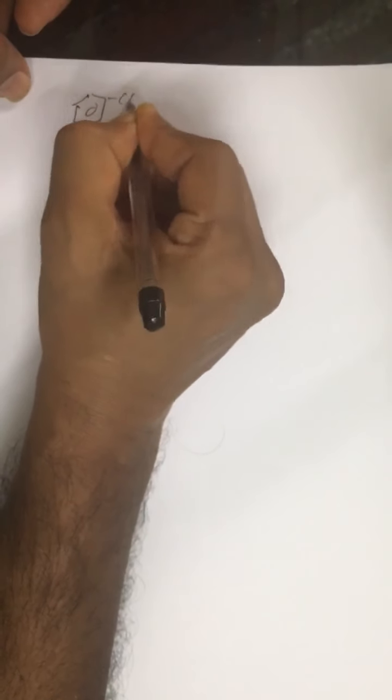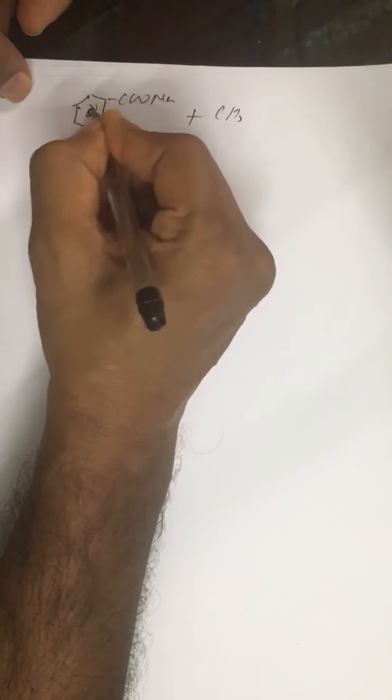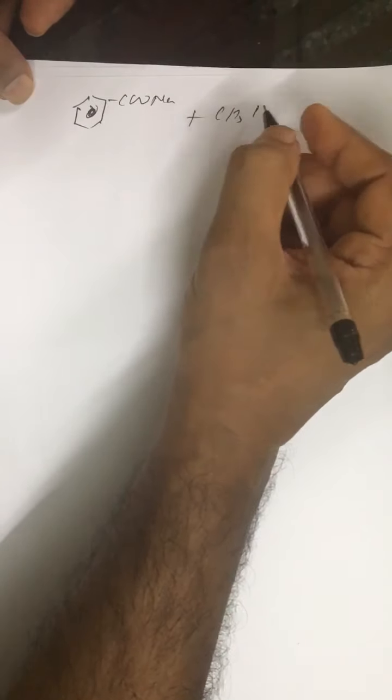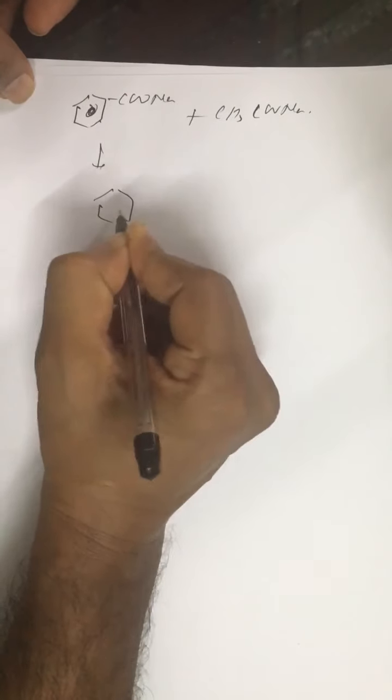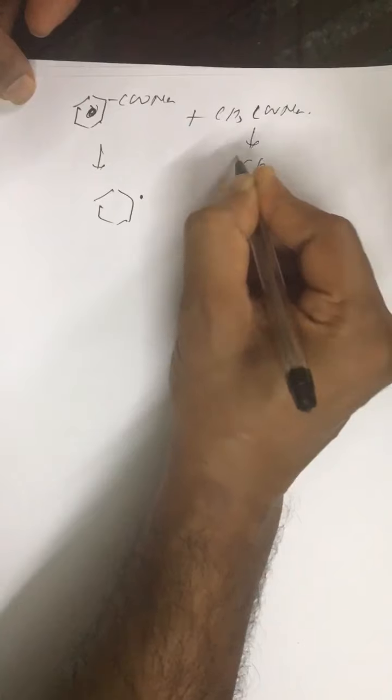As such, there is nothing difficult. Say suppose we are given sodium cyclohexane carboxylate and CH3COONa. The free radical obtained from this is this one, and the free radical obtained from the other is this.